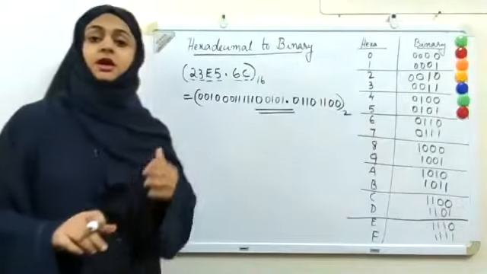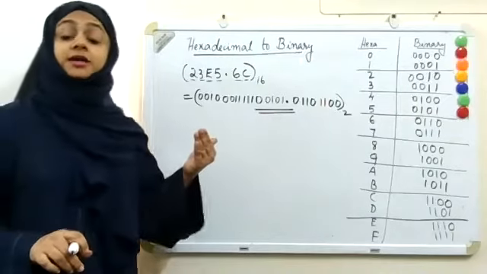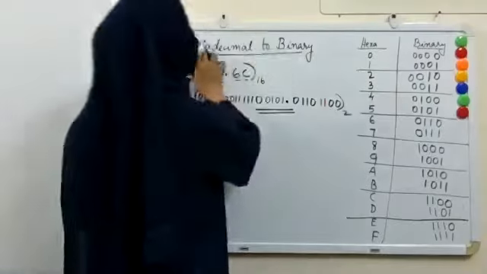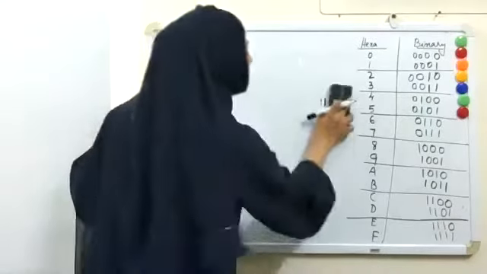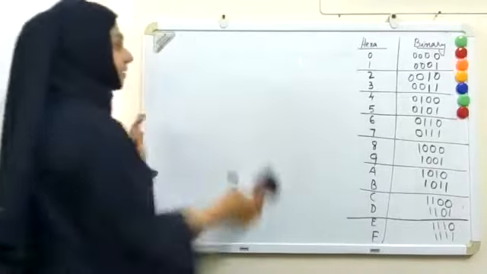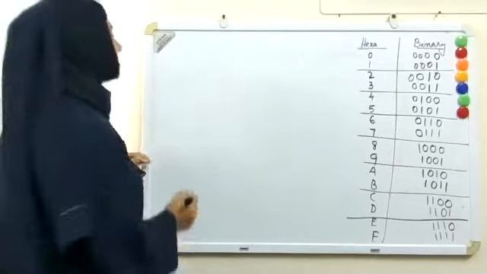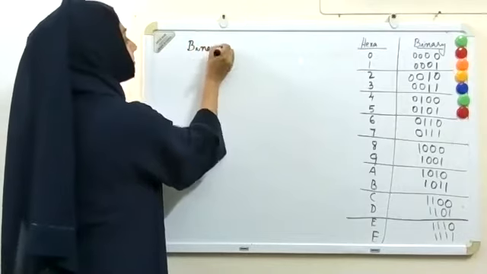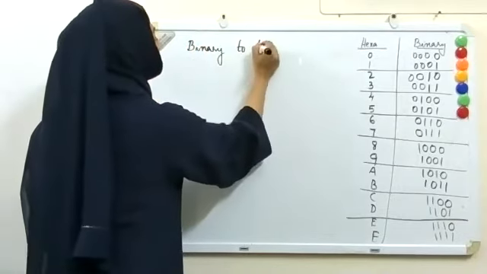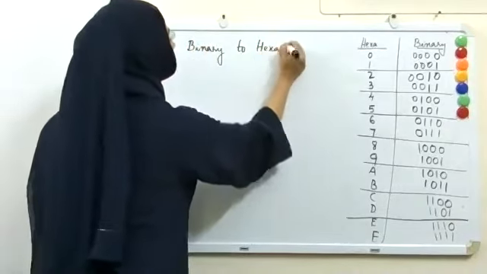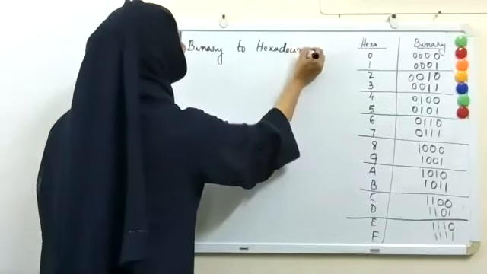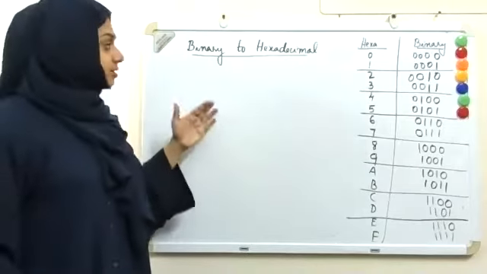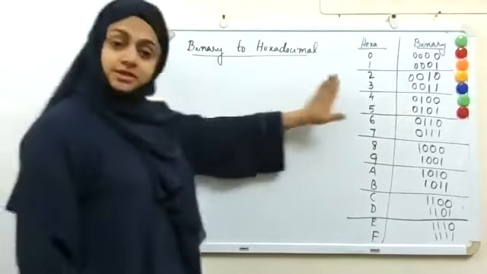Now let us see how to convert binary to hexadecimal. For converting binary to hexadecimal, we need the table again. Okay, so here we need the table.